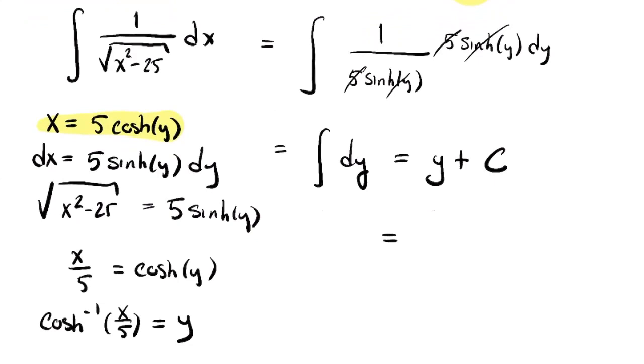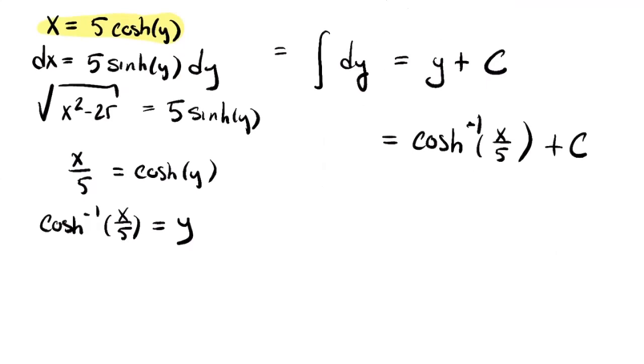So there is an answer, at least in terms of an inverse hyperbolic cosine. If you work out this trigonometric substitution using 5 times the secant, your answer is going to look very different, but you can relate them.